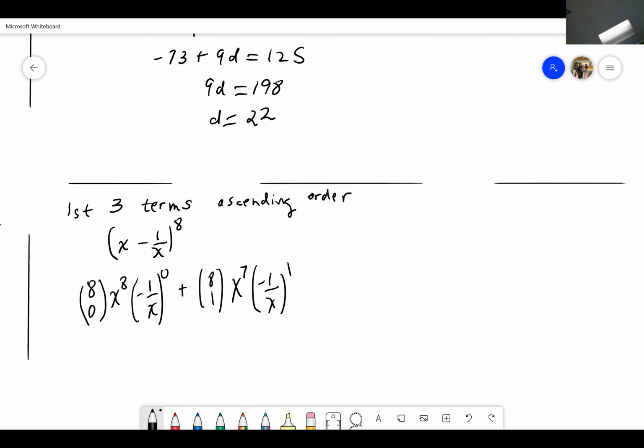Now remember, just to remind you, and it's getting kind of obnoxious to do over and over, but remember it's nCr a^(n-r) b^r, and that's what I'm doing here. It's the binomial theorem. And then the third term would be 8C2.